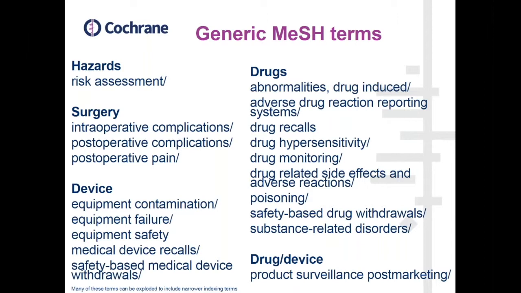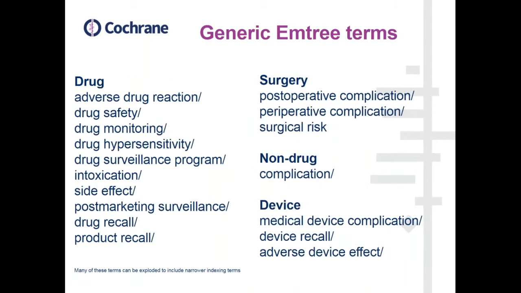So, for example, for a drug intervention, different types of MeSH terms are more relevant than for, say, a surgical intervention or a medical device. And the same goes for Embase. Emtree terms, again, vary depending on the intervention. So here we have drug intervention terms, surgery terms, and device terms, all very different.